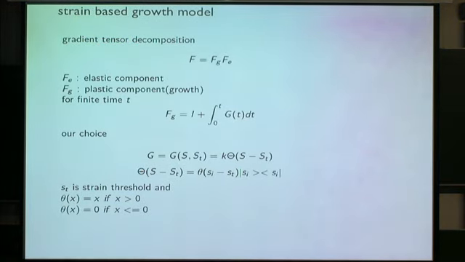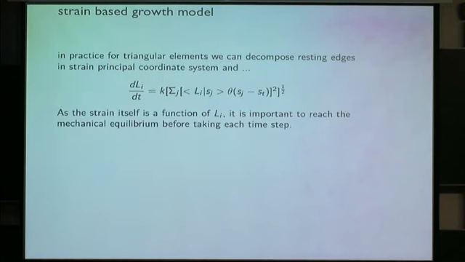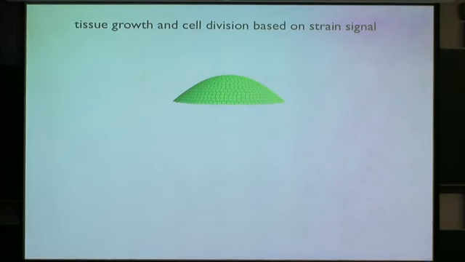So I skip these details. These are just some details about how we have implemented this model, but I can show this. This is the result of cell division and growth.